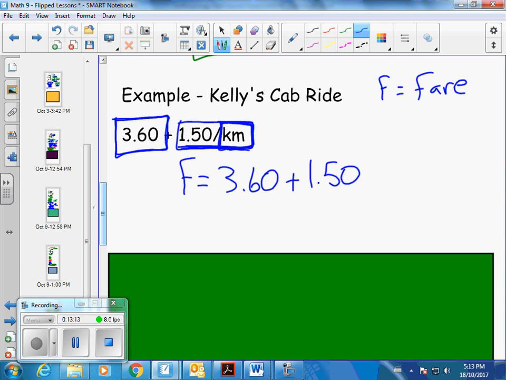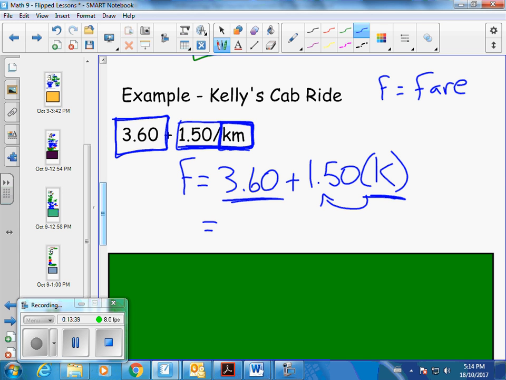And I'm going to go ahead and put a variable in for kilometers. Right? I'm going to say 1.50 per, and we're going to go k. So what they're saying is you're going to get charged $3.60 as soon as you get in the cab, and for every kilometer you drive, they're going to charge $1.50.